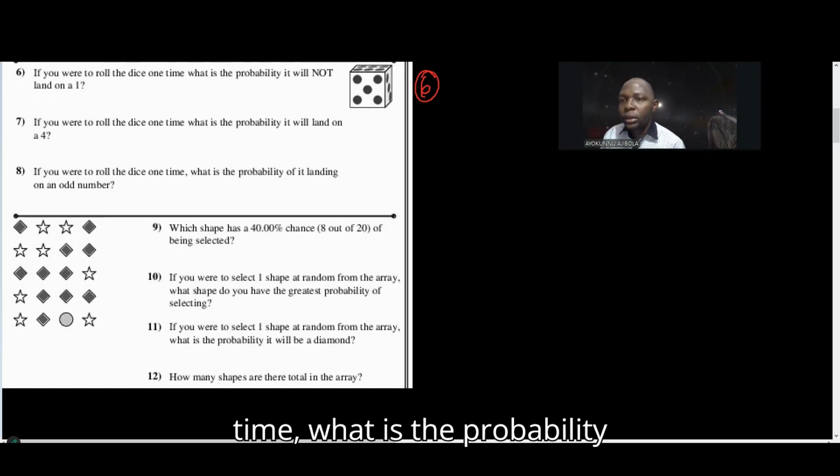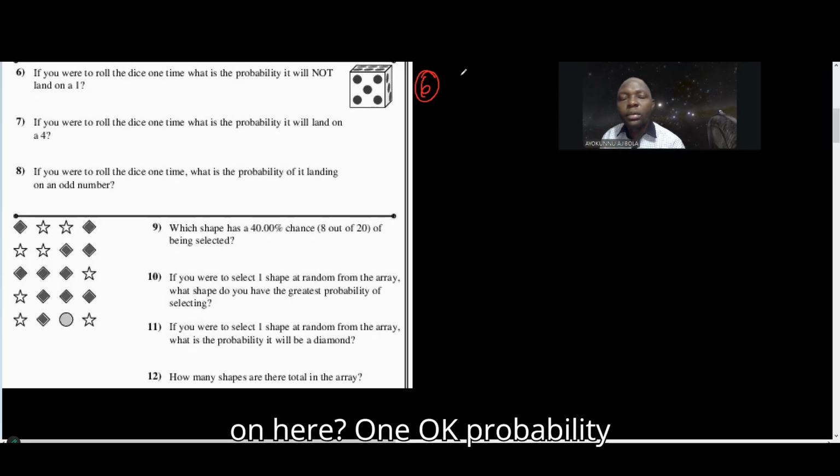Yes. So to question 6, it says if you were to roll the die one time, what is the probability that it will not land on a 1?